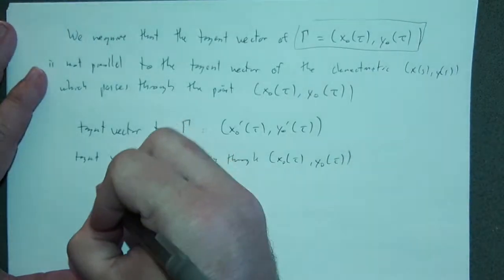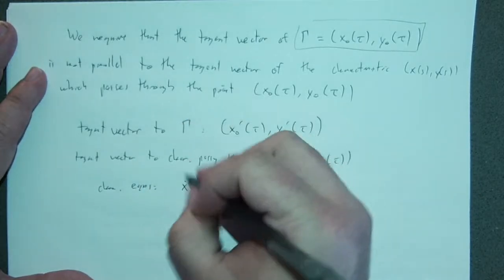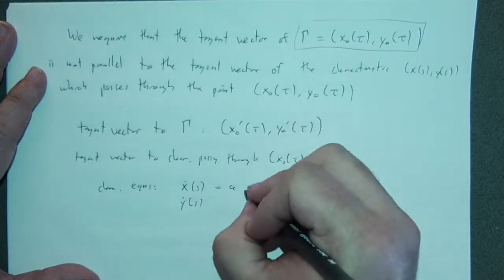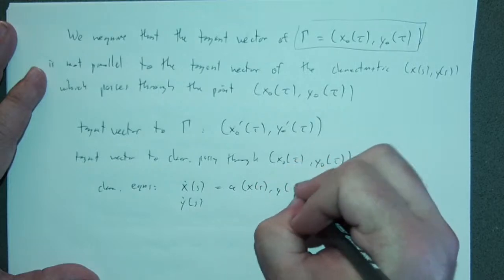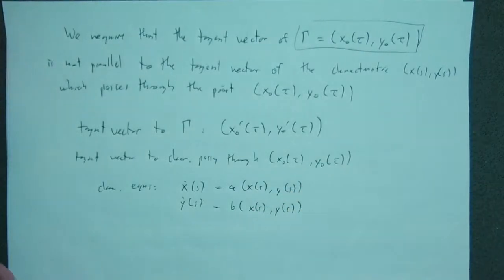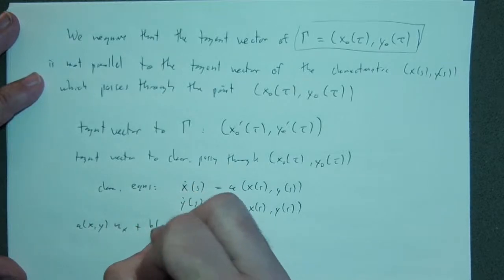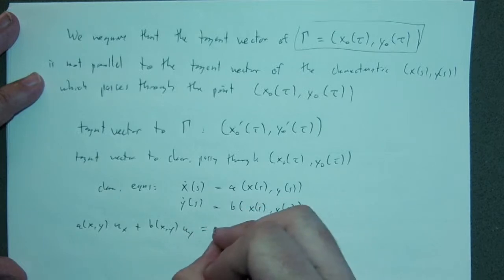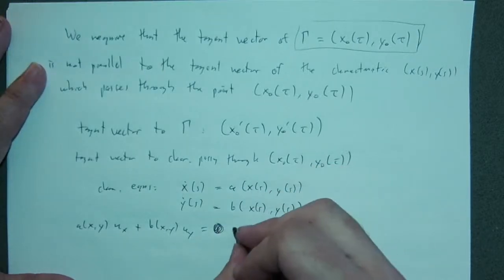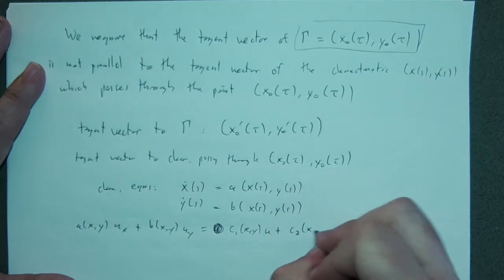Well, I have the characteristic equations. x dot of s and y dot of s are a of x of s, y of s, and b of x of s, y of s. This is for a completely general linear equation. So here, I'll rewrite the linear equation. I don't need this to be 0. This can be completely general here. Okay.